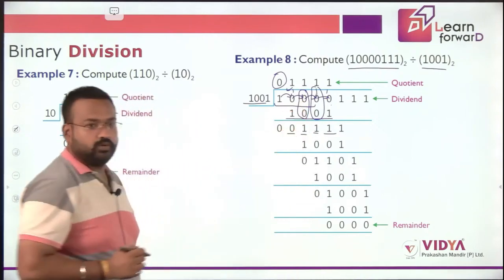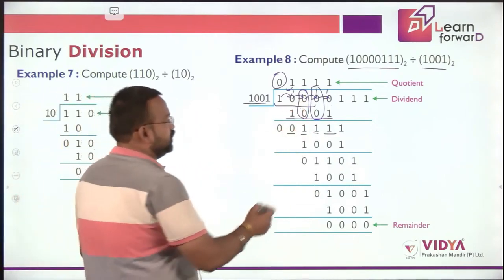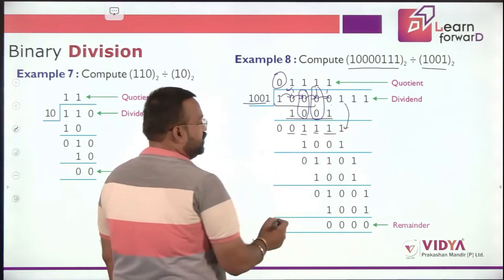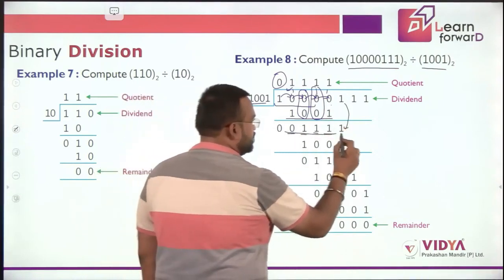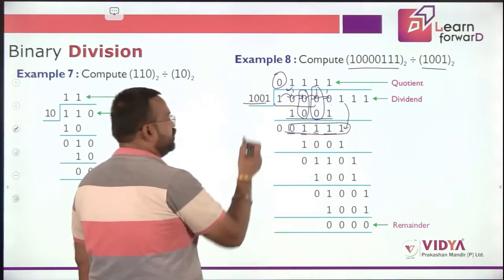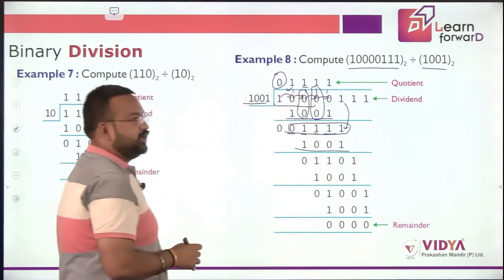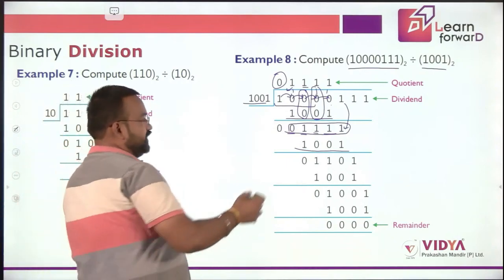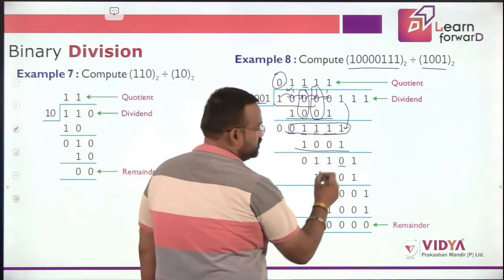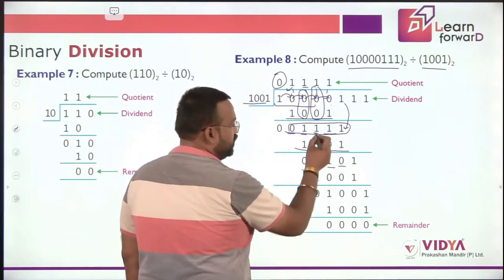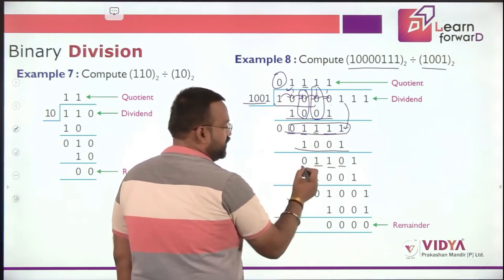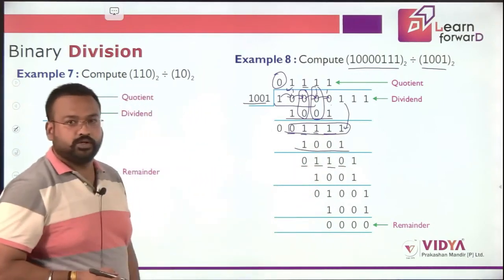0. Clear? Now we will take this one over here, again we can see that it can easily go one time, so after multiplying by 1 we will get this one, so let's subtract: 1 minus 1, 0, 1 minus 0, 1, 1 minus 0, 1, 1 minus 1, 0.